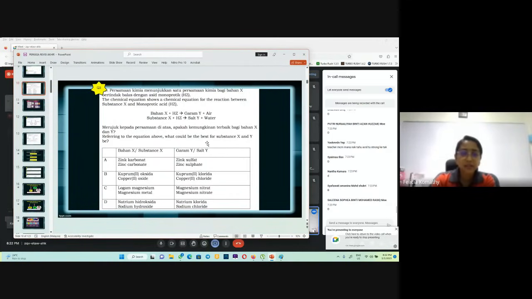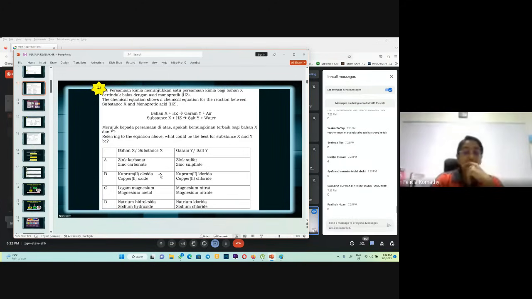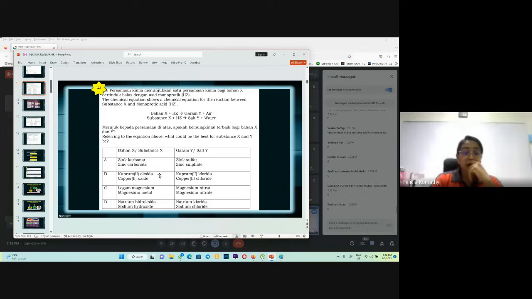Okay, students, you can see from this reaction, right? I told you already just now. If it's salt and water, there's a possibility it's either metal oxide or alkali. But you see your substance X, copper 2 oxide. If let's say you react hydrochloric acid with copper 2 oxide, can or not?